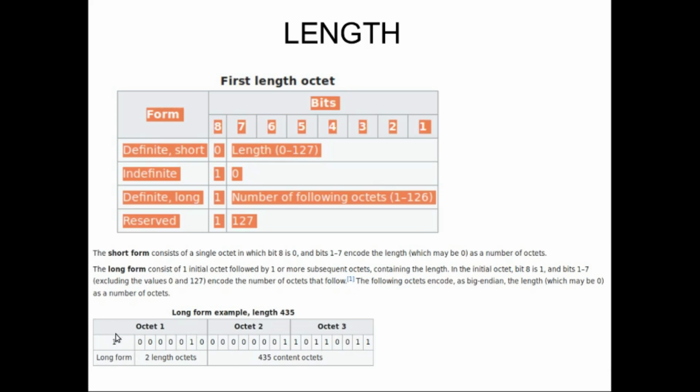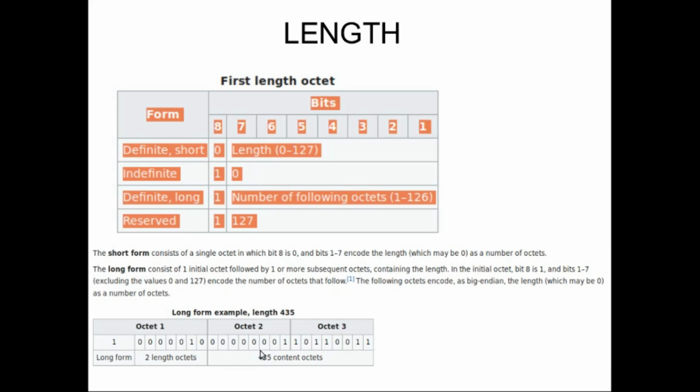In the long form you put the first bit as 1, and the following bits tell how many bytes will follow to give the length. So here you see this is 10, 10 means 2, so there are 2 more bytes which give the length.